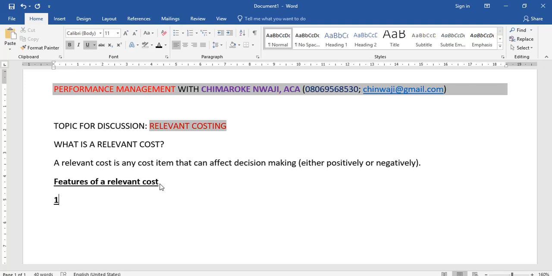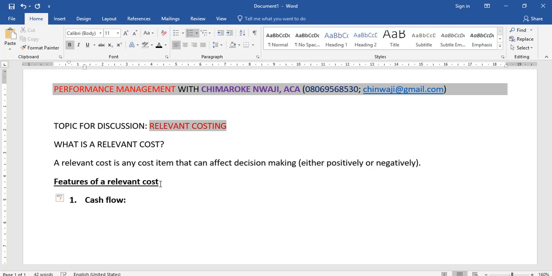The first one, it must be a variable cost. Okay, let me not use variable cost. Now this is an example. It must be cash flow.